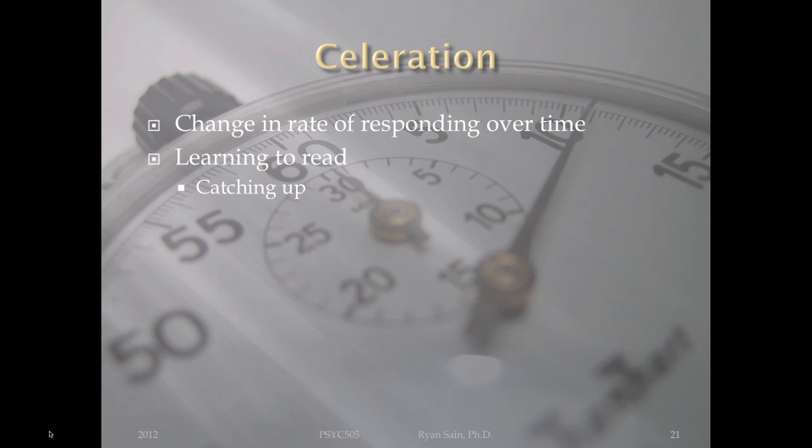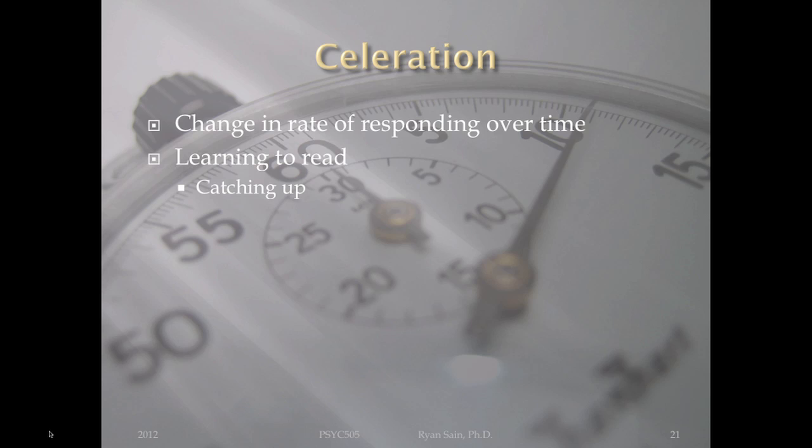Think of a rate of responding. As a kid's learning to read, they're learning to read at a particular rate. They're adding new words every day, and so on and so forth. There's an acceleration chart for that, which is what the term used to be. I don't know what's always used in school psych, but an acceleration chart, a progress line or progress bar or target or whatever, a criterion.